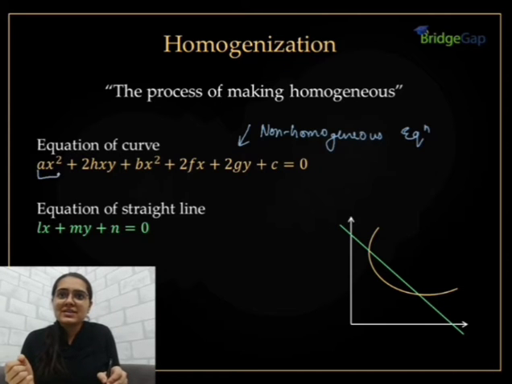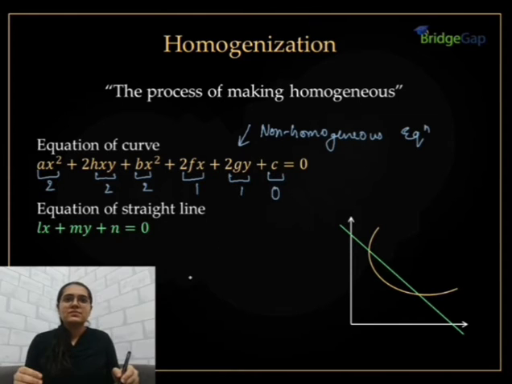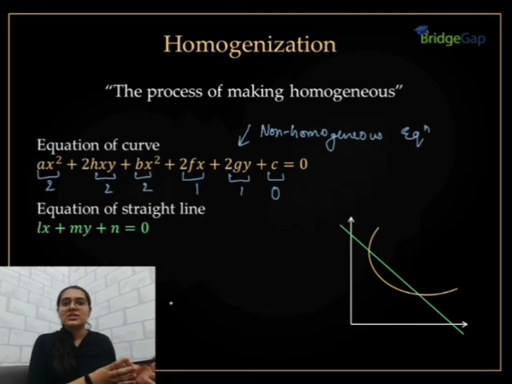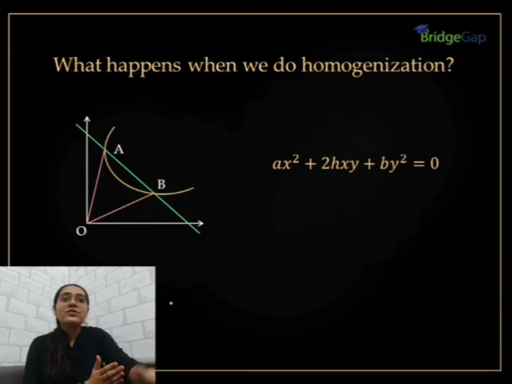This term has degree 2, this has degree 2, this has degree 2, these have degree 1, and this has degree 0, right? Now this is a non-homogeneous equation. Now we convert this non-homogeneous equation into a homogeneous equation, and that process is homogenization, and finally we get a homogeneous equation of this type.